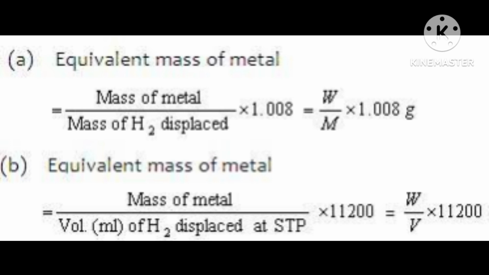Then for this type of reaction, again like the previous one, here you can consider the formula: weight of AB taken divided by weight of AD formed is equal to, simply you can write, equivalent weight of AB divided by equivalent weight of AD, like the previous one, the metal displacement method.